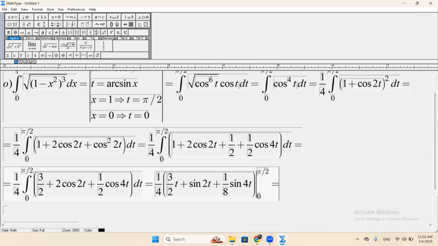So we have 1 over 4 multiplied by 3 over 2, multiplied by pi over 2. And what do we actually have? 3 pi over 16.